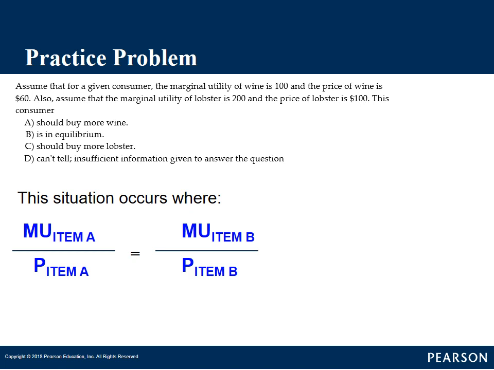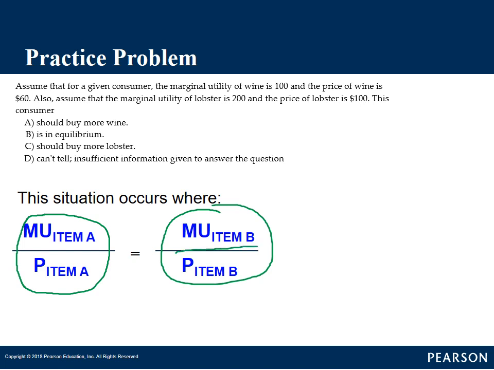Okay, so as we saw on the previous slide, the algebraic equation for equilibrium is stated here. So if the marginal utility of item A divided by the price of item A, the ratio we get after dividing that, equals the ratio of the marginal utility of item B divided by the price of item B, we know that we are in equilibrium.